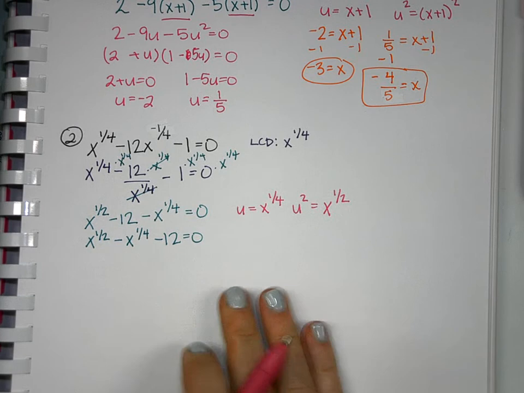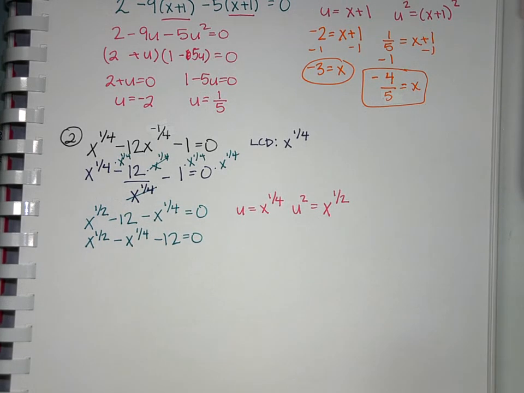If you don't like u substitution, and you understand how to break it apart with fractional exponents, you can do that as well. I'm going to focus on the u substitution mainly because there is a method next year in calculus that relies on you being able to notice u substitutions or substituting in other values. So I'm going to continue doing u substitution because it should help you in your future math classes develop this whole idea.